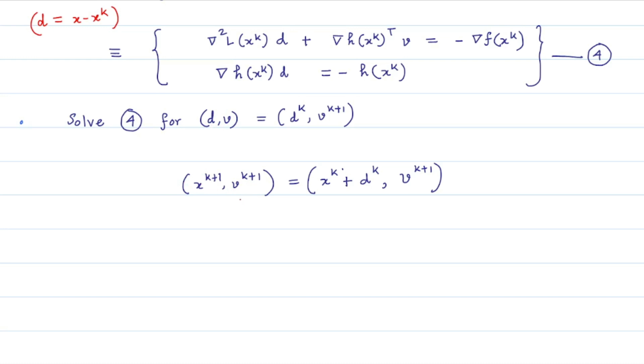So in this manner we keep computing the iterative points (xk, vk), and by the Newton-Raphson method we know that if the initial iterative point is very close to a root of w(x, v) equal to 0, then this sequence (xk, vk) generated by this process is expected to converge to a root of the equation w(x, v) equal to 0.